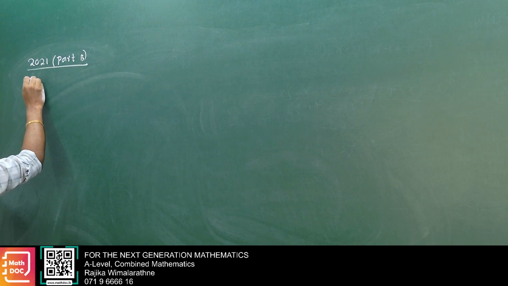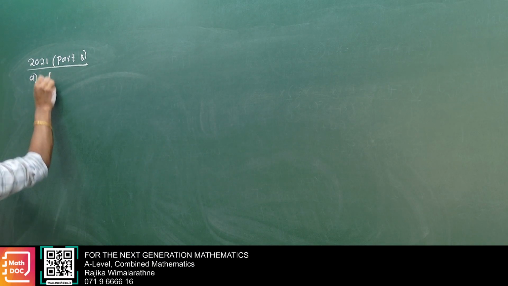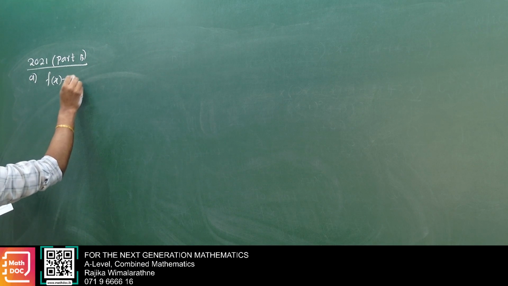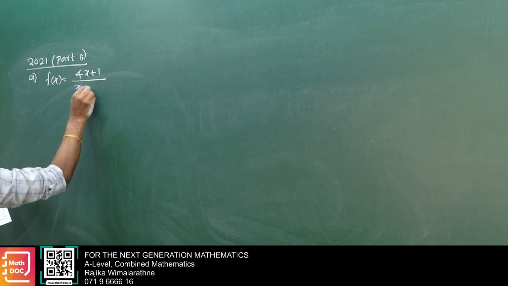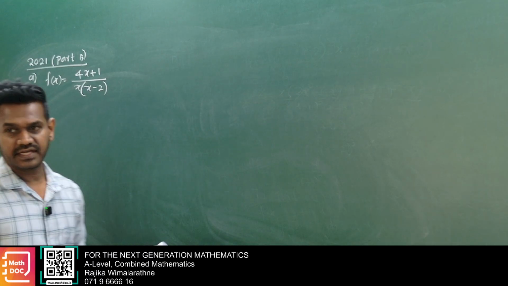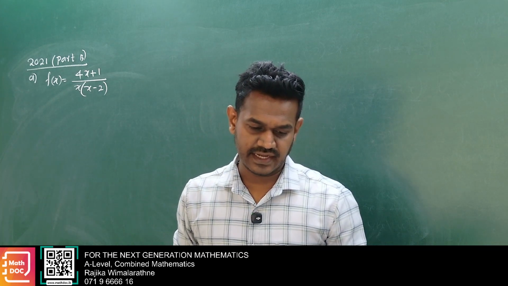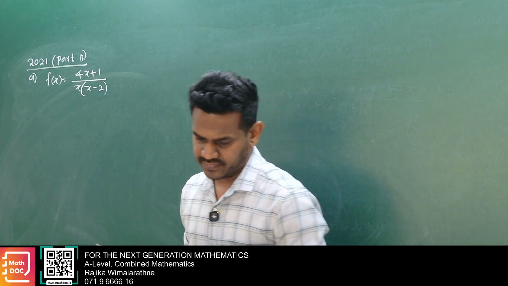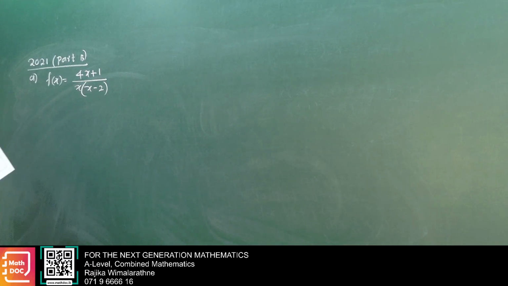Part B, A part. F of x is given as (4x plus 1) over x(x minus 2). First we have to find the derivative, and finally we have to sketch it.